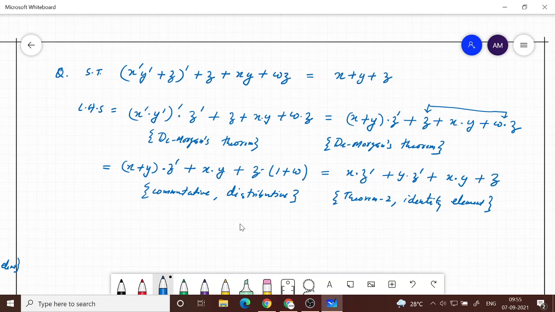Okay, what we can do next? We are kind of stuck. Let's see, z dash x plus.